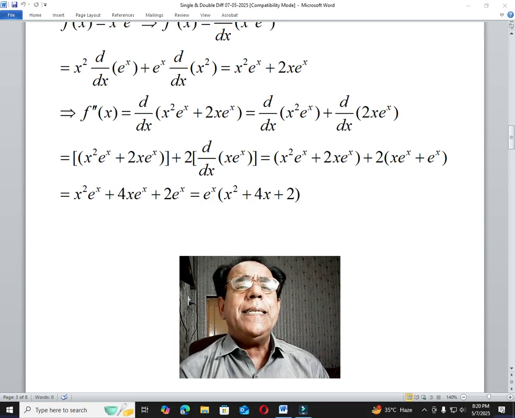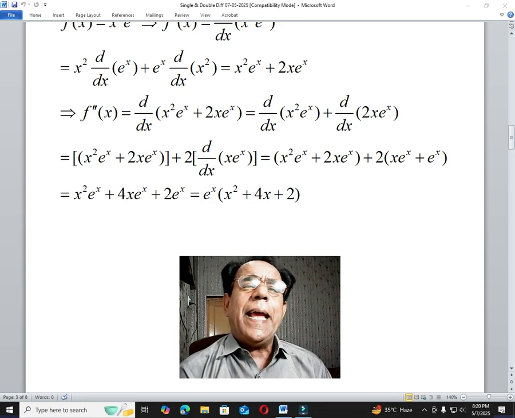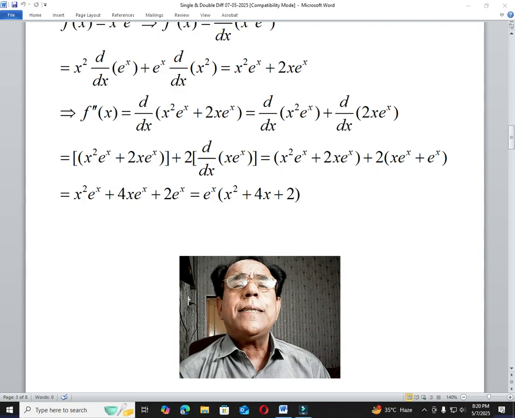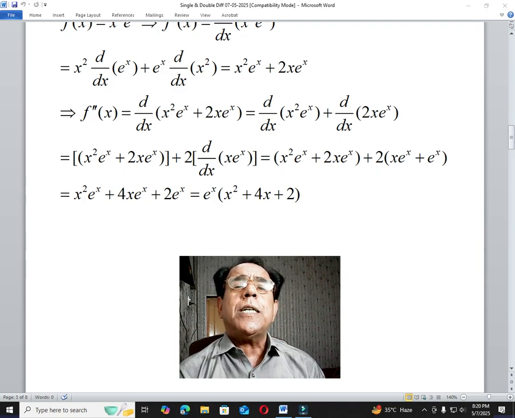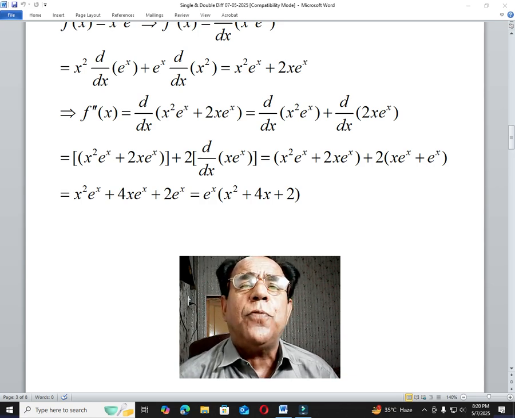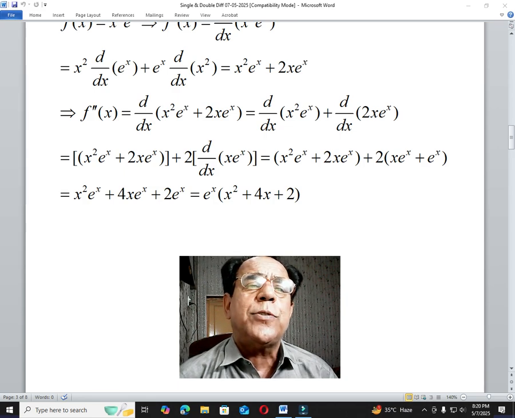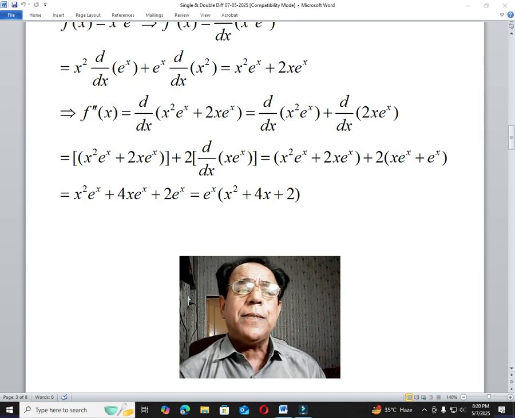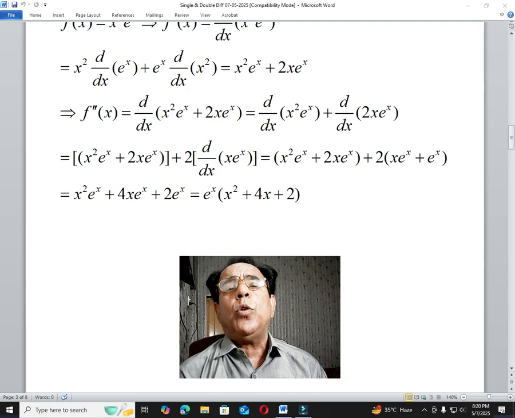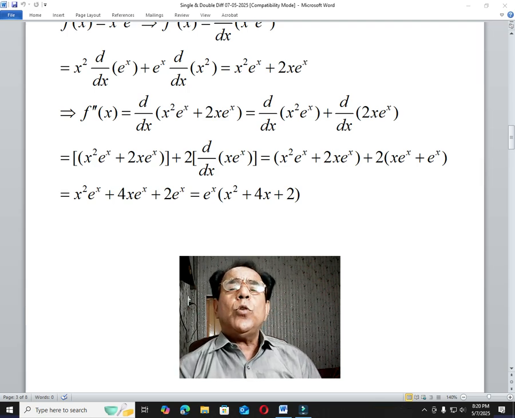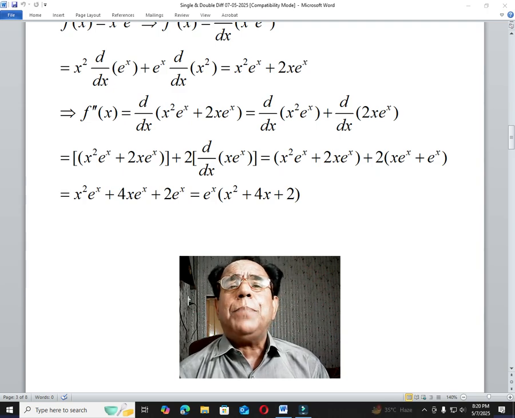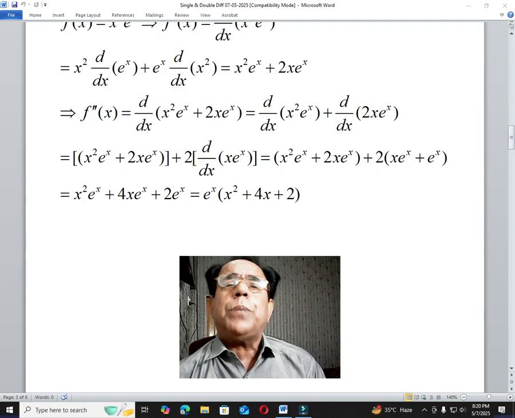Okay, x square e^x is as it is, but 2x into e^x plus 2x into e^x, these two terms are similar. Okay, so these two will be added and they will give result 4 into x into e raised to power x plus 2 e raised to power x, because 2 which was constant will not only multiply with x e^x but also with e raised to power x.